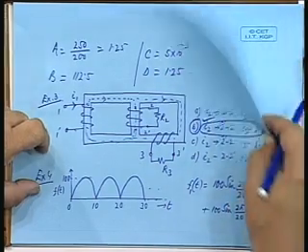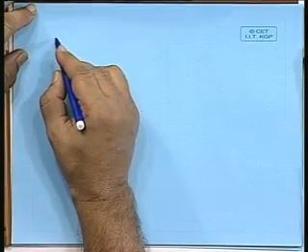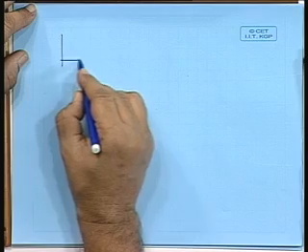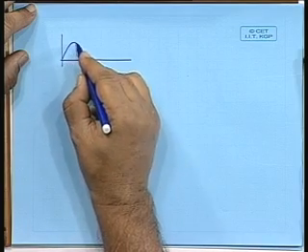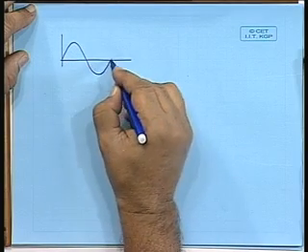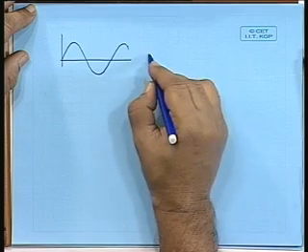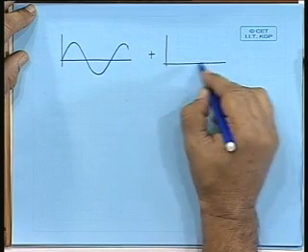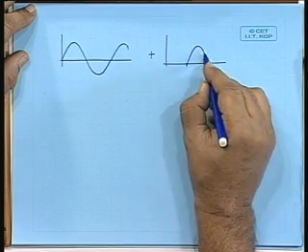then this plus this will give me a net function. This is the first part plus a function that I am adding from here.